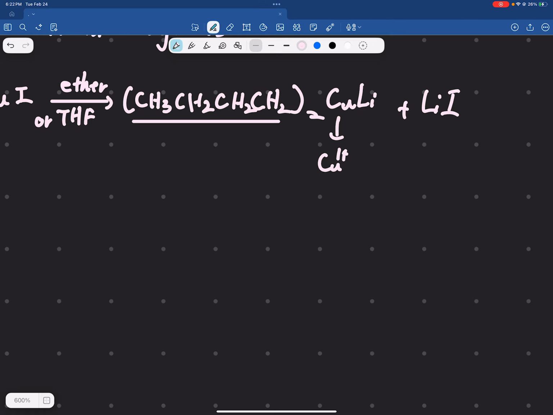And this is going to give a negatively charged species. The reason why this lithium ion is associated with this negatively charged species is to act as the counter ion.